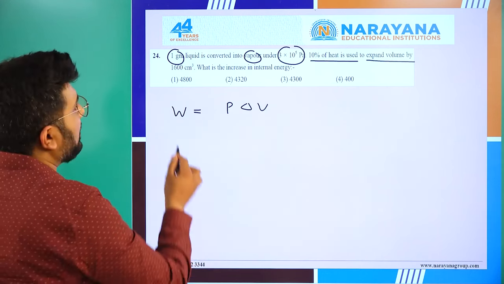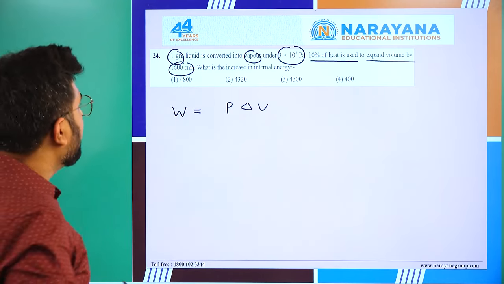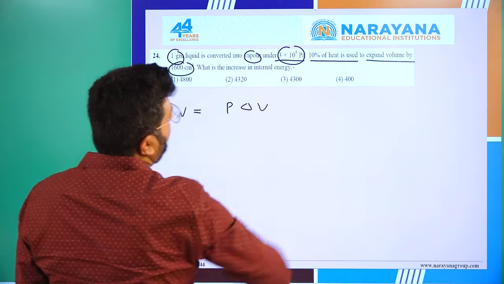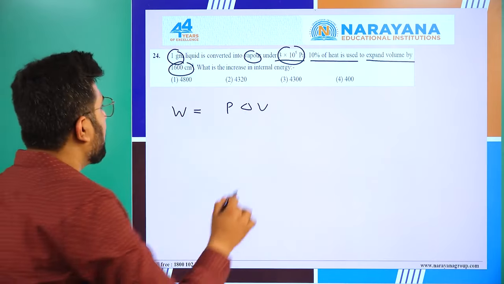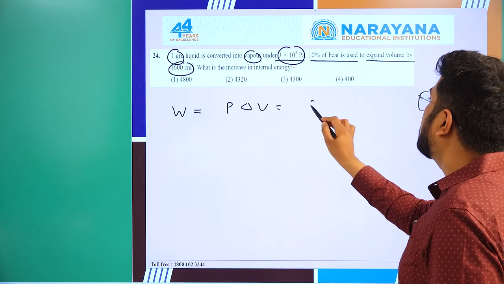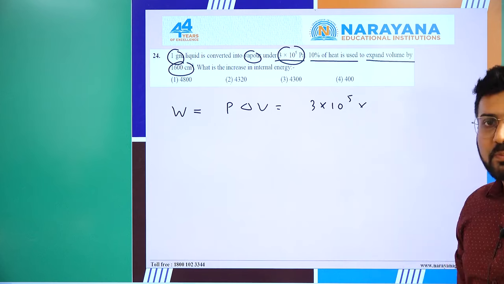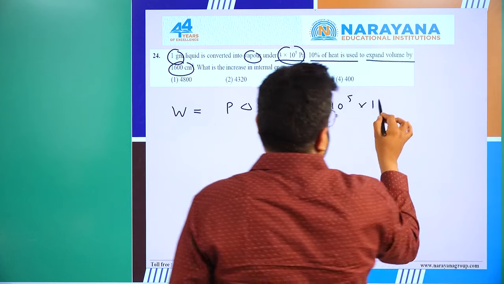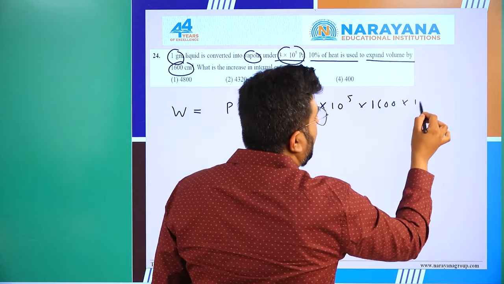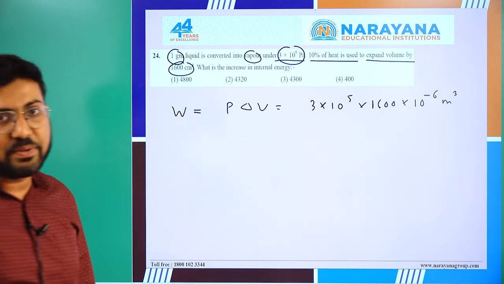Now, according to the question, the volume increased by 1600 centimeter cube and the pressure is 3 into 10 raised to the power 5. So, I will write the work done as P, which is 3 into 10 raised to the power 5, into volume, which is 1600 into 10 raised to the power minus 6 meter cube, because I will write in SI units.